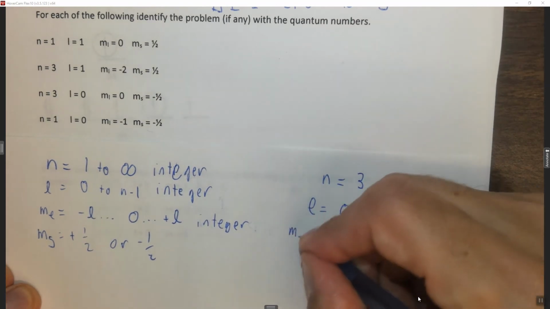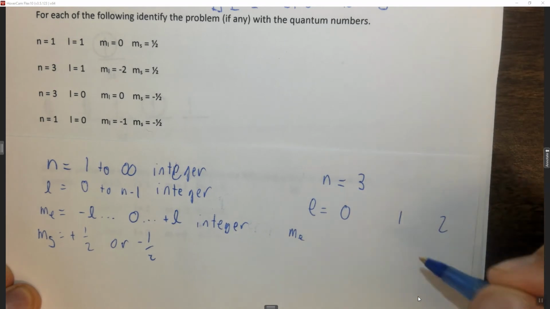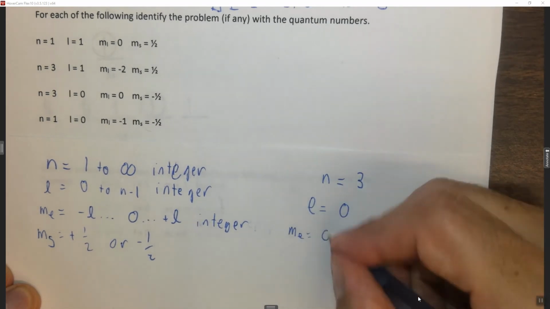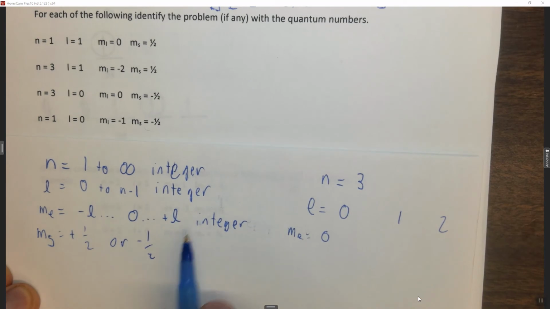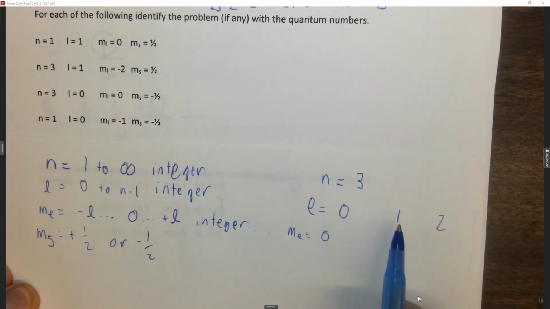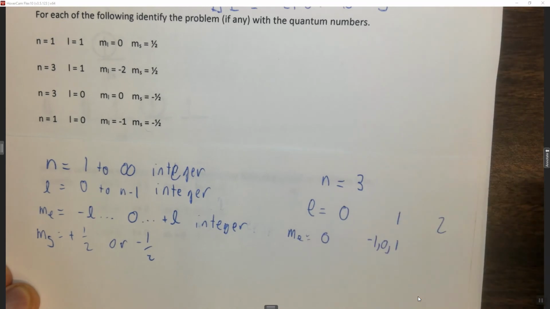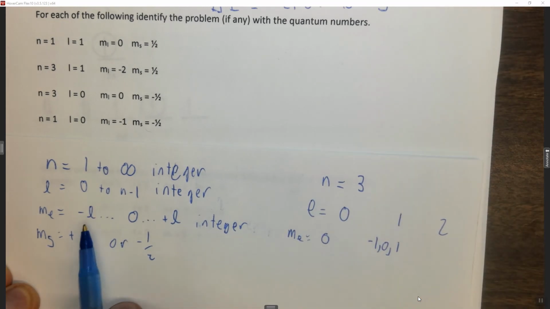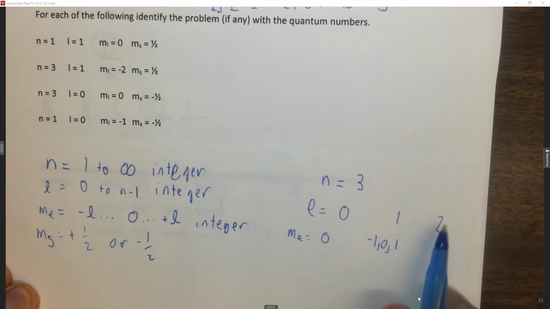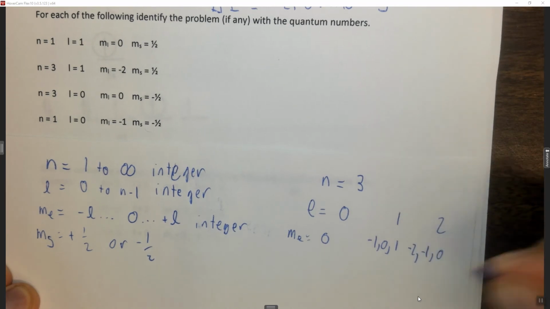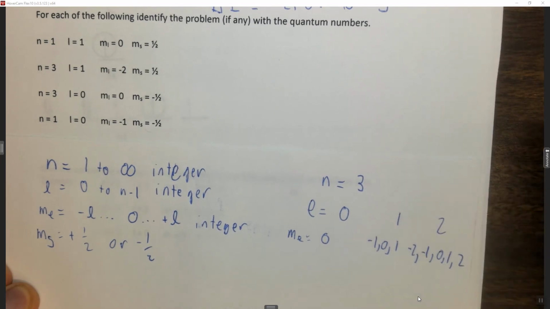The values of m sub L vary based on L. So if L is equal to 0, the value of m sub L has to be 0. Negative 0 through 0 to positive 0, so just 0. If L is equal to 1, it's minus 1, 0, and 1. And for 2, it's the same thing: negative 2, negative 1, 0, 1, and 2.